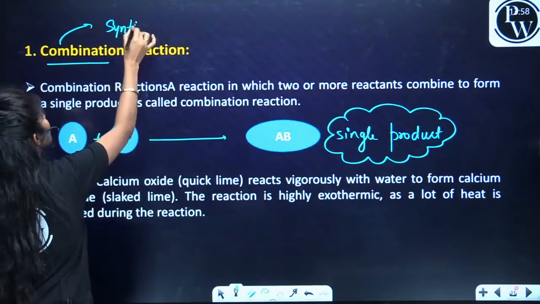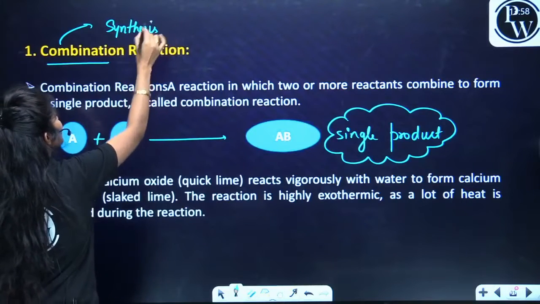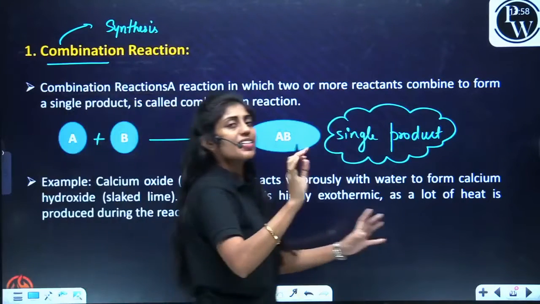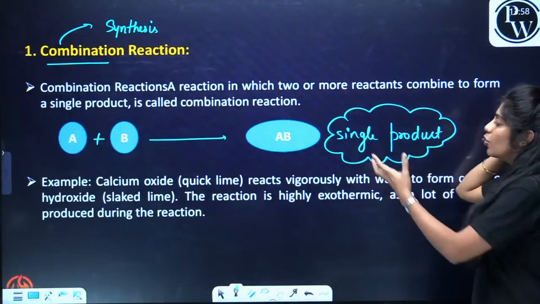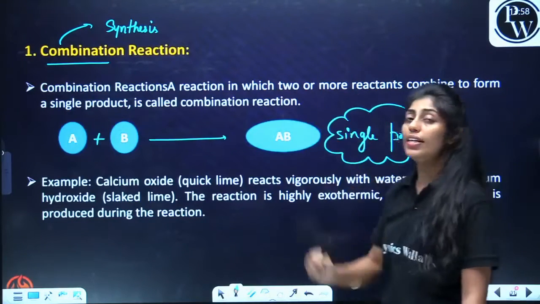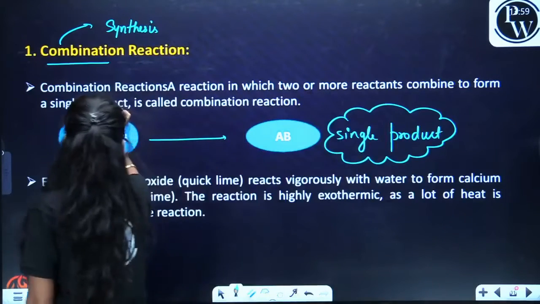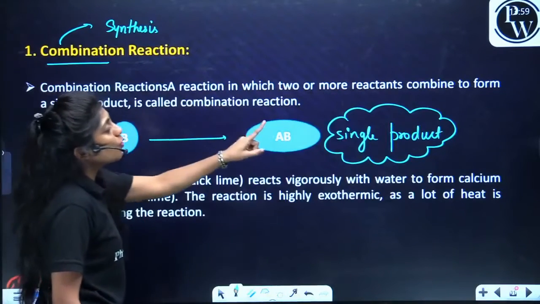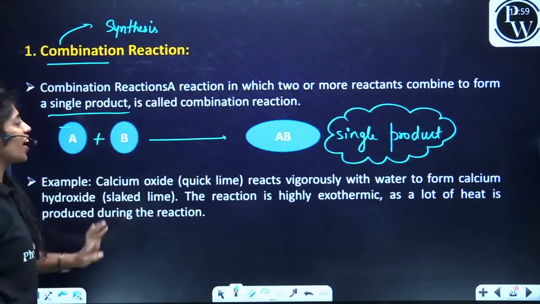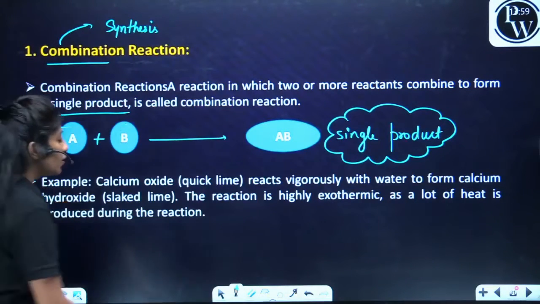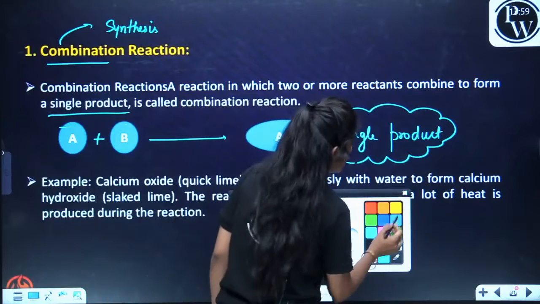Why? Because we are synthesizing, we are forming a single product. Synthesis means formation. So basically formation of a single product, that's why we call it a synthesis process. Now a combination reaction in which two or more reactants combine to form a single product is called a combination reaction. Example, a very important example.